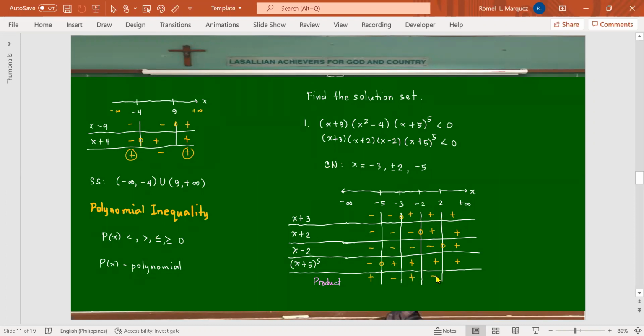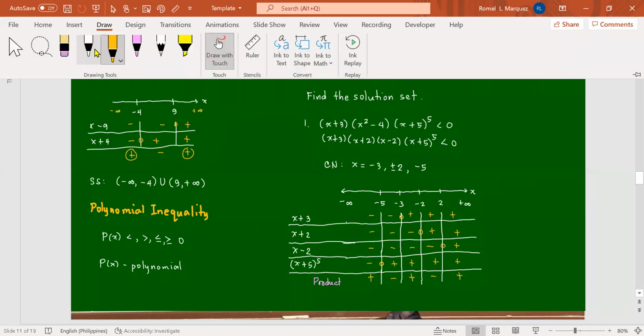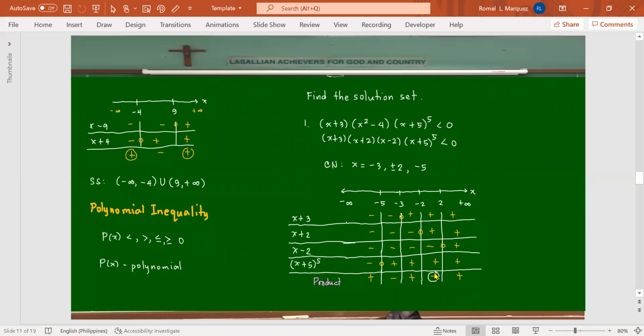One negative, negative. All positive, positive. We want it less than zero. On what intervals is the product negative? So here and also here. There are only 2 intervals on which the product is less. Is that clear, children?